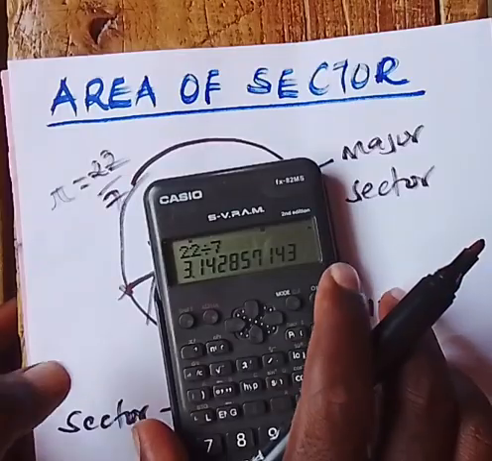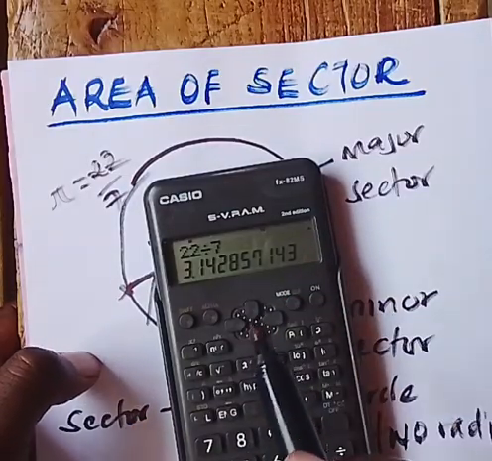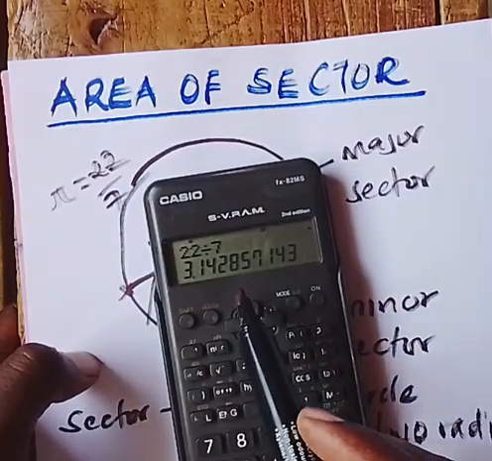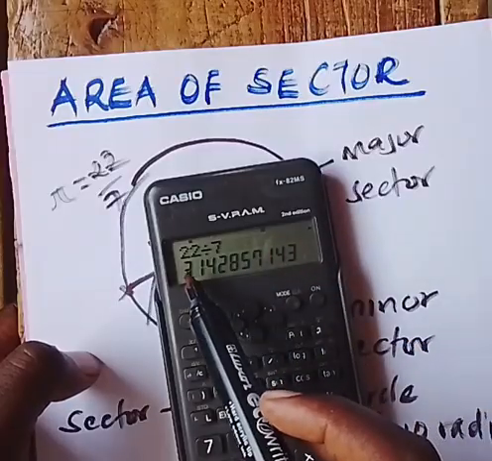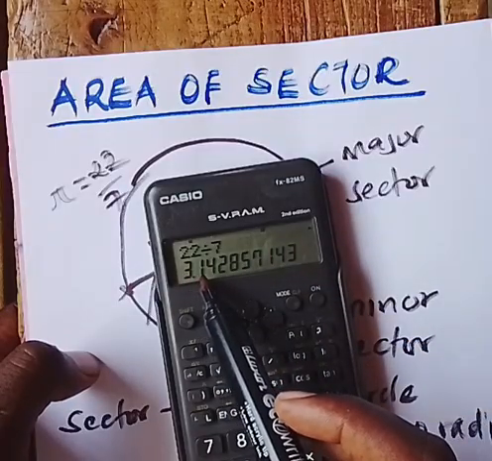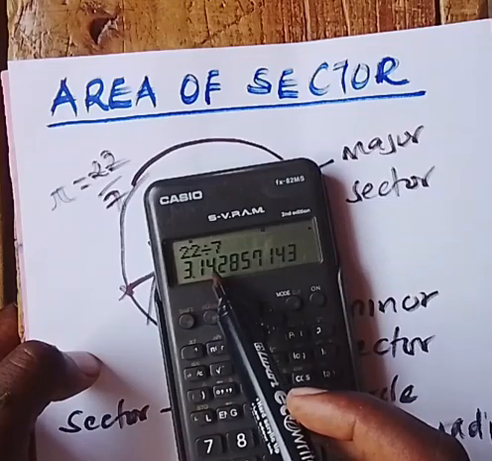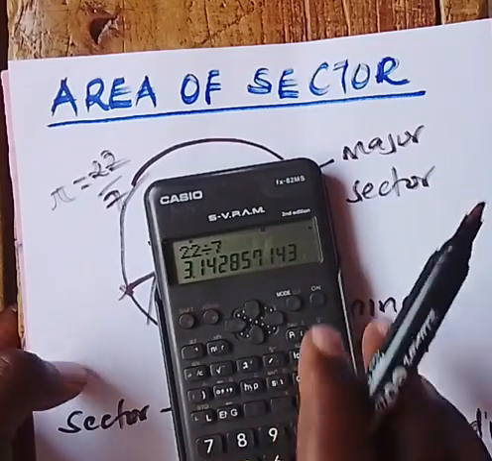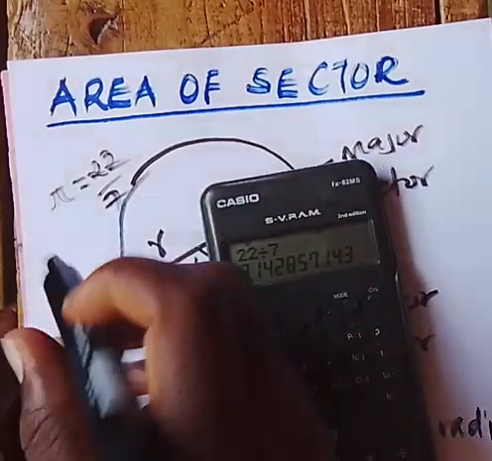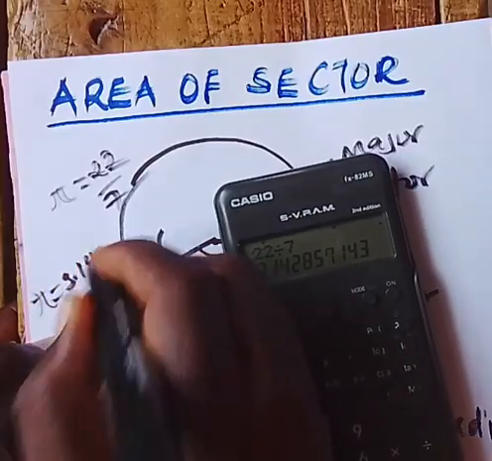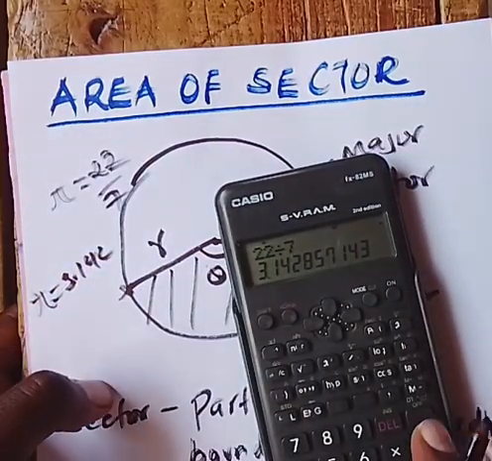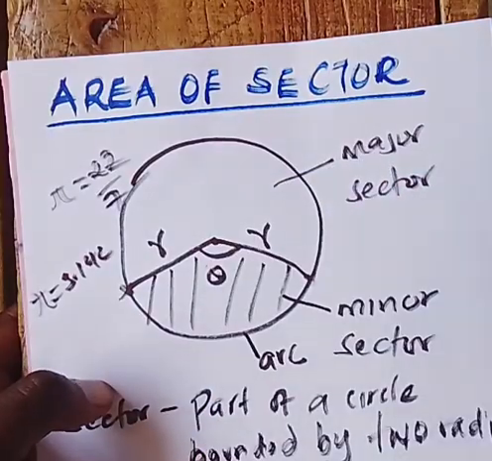If you write that correct to three significant figures, 3 is the first, then we have 1, 4, 2. Sometimes you can be told to take pi as 3.142. They are all the same thing.